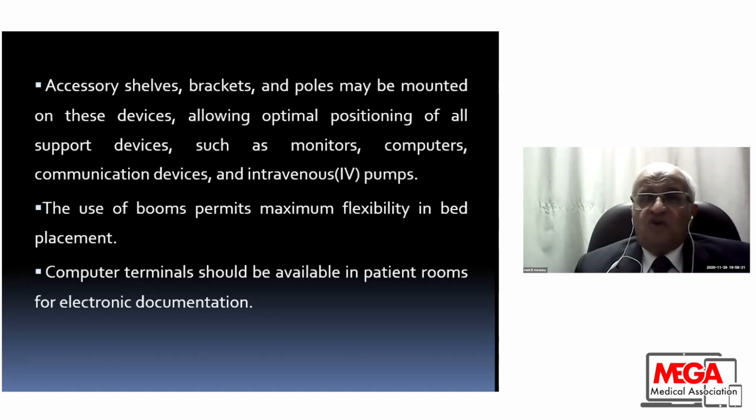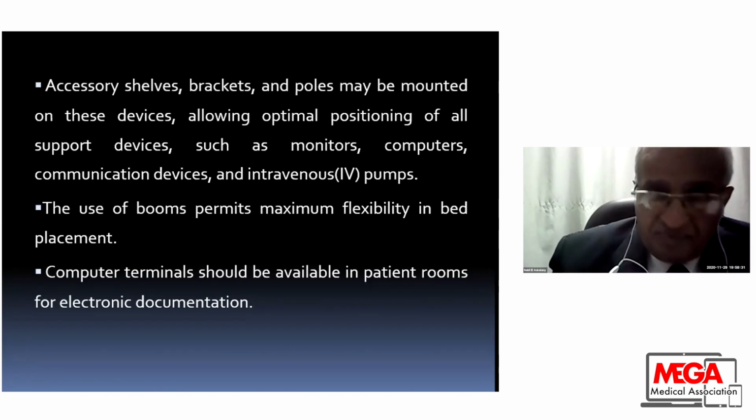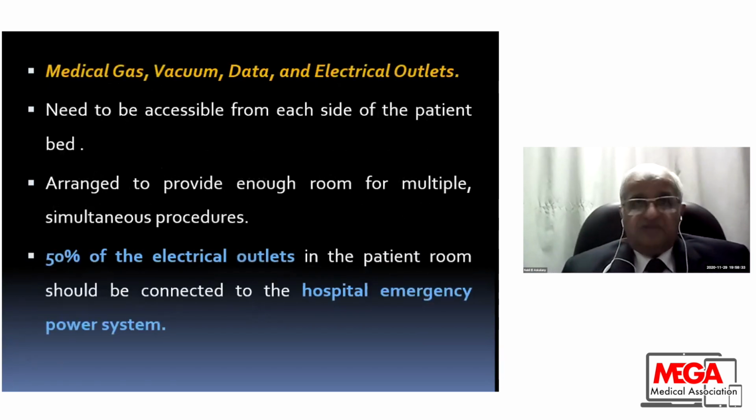In the meantime, computer terminals should be available in patient rooms for electronic documentation, as that's part of the information technology. The medical gases, the vacuum, data, and the electrical outlets need to be accessible from each side of the patient bed.